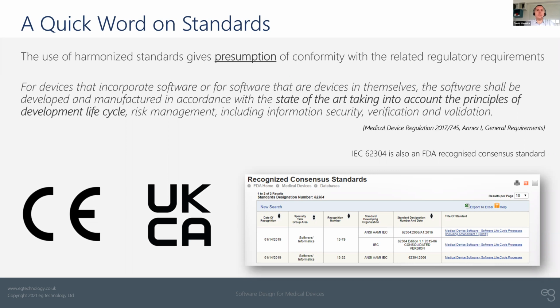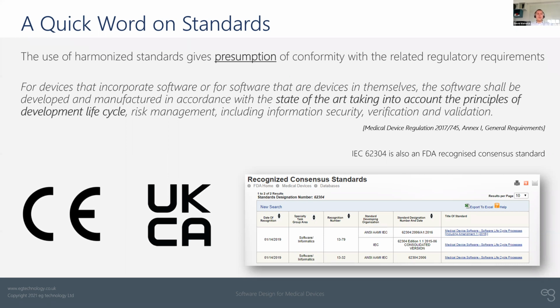It's the recognized standard for CE marking, for UK CA marking. It's a consensus standard in the States, although there can be some really, really small differences in detail region to region. Broadly speaking, if you follow the standard, you're following the processes that are required for everywhere that you're going to want to sell your device.